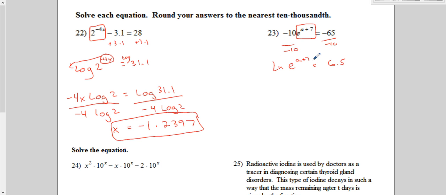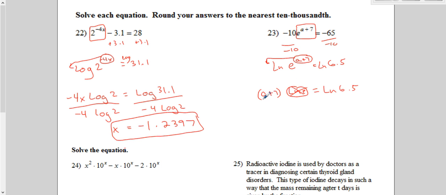So ln and ln. So now the a plus 7, that is my exponent, that is going to go out to the front. So a plus 7, because it's an actual expression with addition or subtraction in there, I'm going to put that in parentheses. And then I have ln of e equals ln of 6.5. ln of e is the value of 1, so I can cross that out right now.